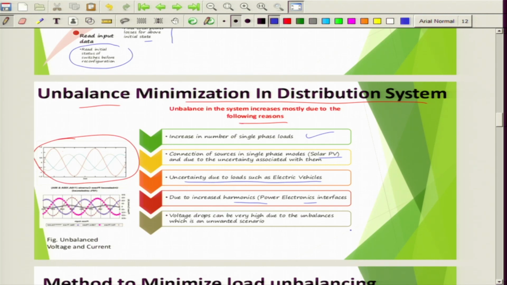They also bring in harmonics, and depending on the sort of harmonics, there could be some disturbance in the system, and voltage drops can be very high due to unbalances, which is an unwanted scenario. Not only this, there will be single phase motors. There are multiple reasons why this unbalance can exist, and it will continue to exist. In a distribution system, it is not so easy to balance the phases.